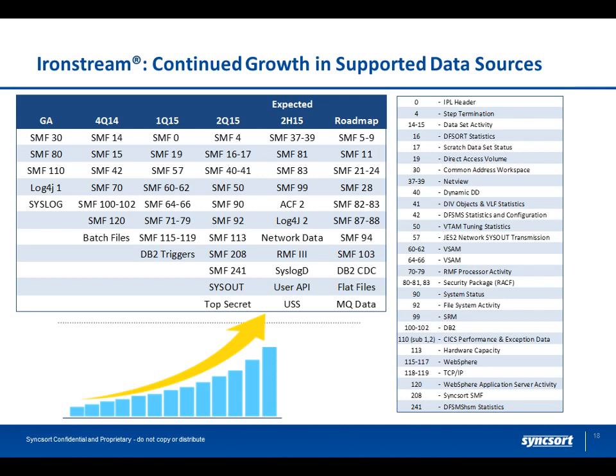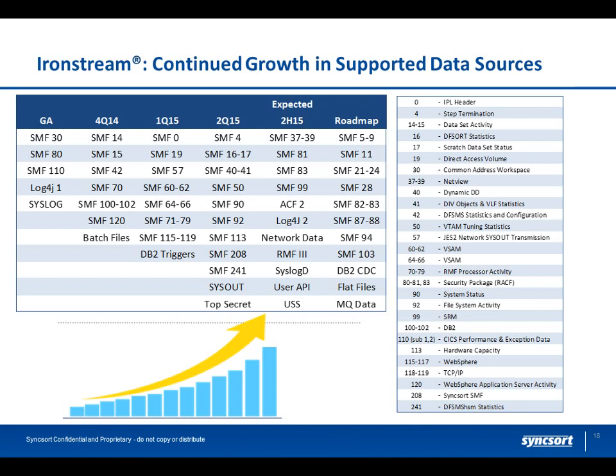So CPU data, response time data, everything that's available in those SMF 71 to 79 records is available today, but those records are only captured at the SMF interval. So there have been requirements to get that data more real time, and that's what we're going to be doing with the Monitor 3 technology that we're rolling out by the end of this year.